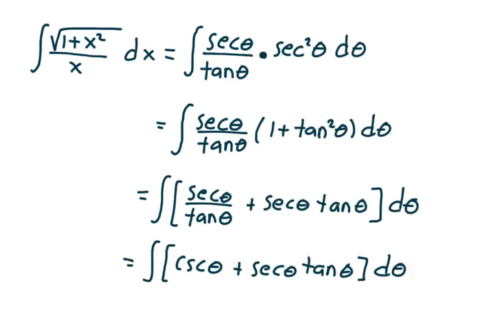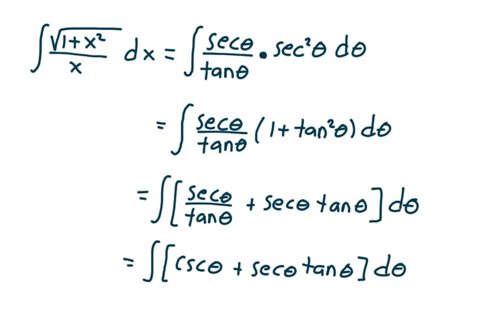And so the integral of the square root of 1 plus x squared over x dx is equal to the following. It's the integral of secant theta over tangent theta times secant squared theta d theta. But remember, 1 plus tangent squared theta is equal to secant squared theta.